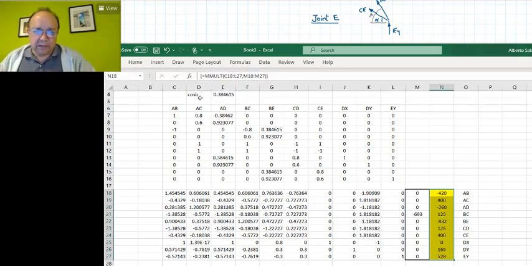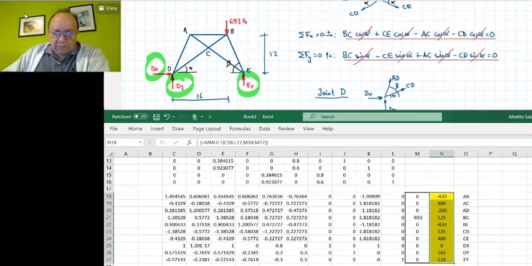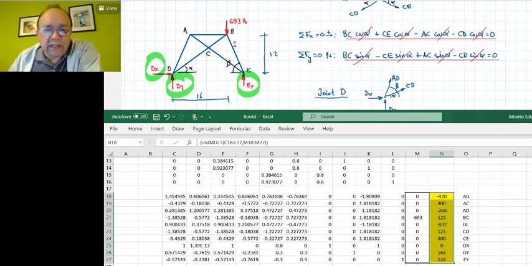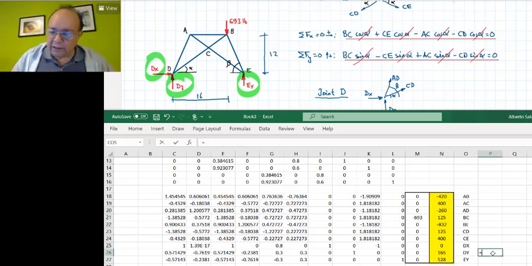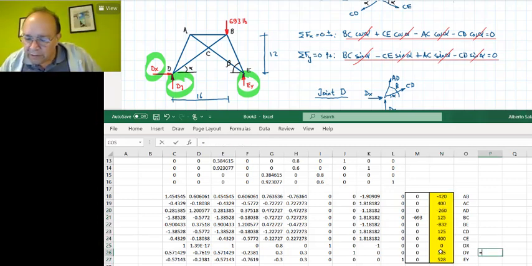Let's take a look at what we got. For example, we can check equilibrium of the whole structure. You have 693 going down, so dy plus ey has to add up to 693. Let's do equals dy plus ey, and it equals 693.